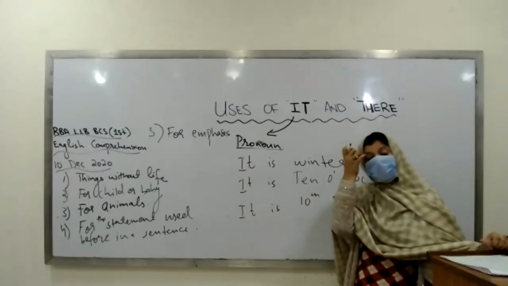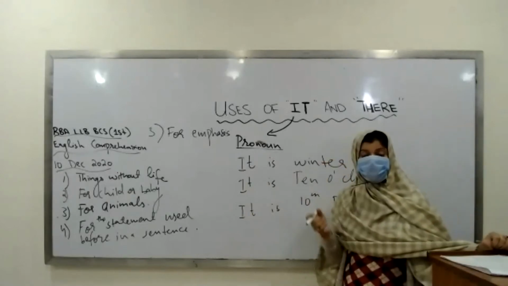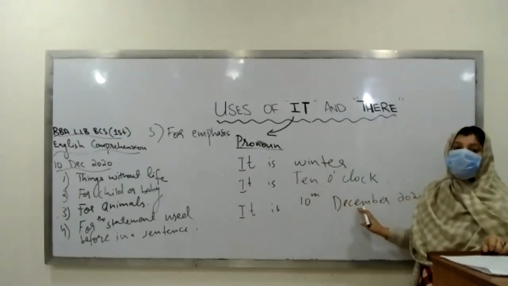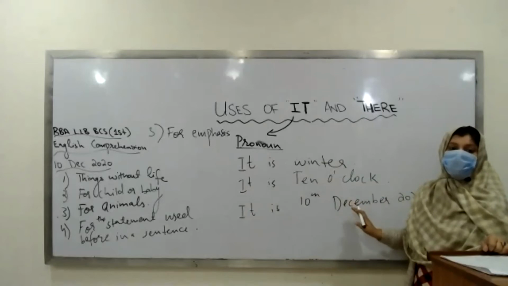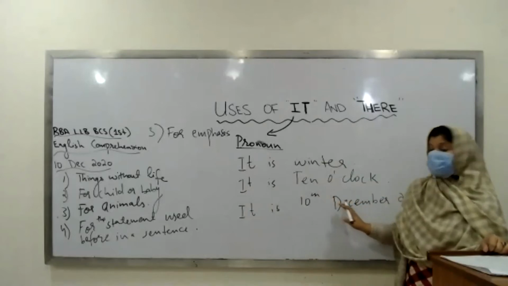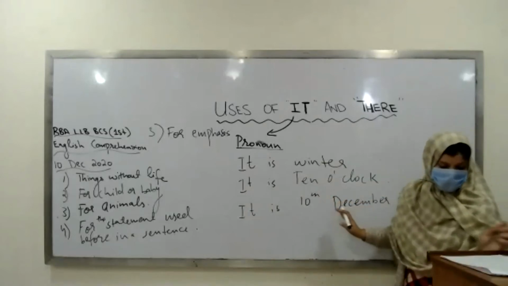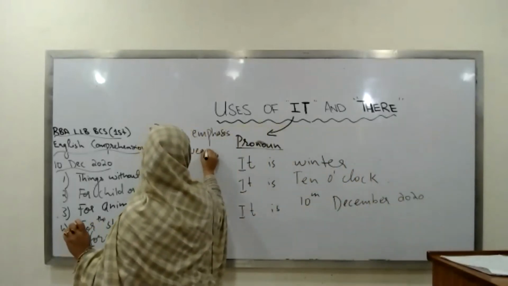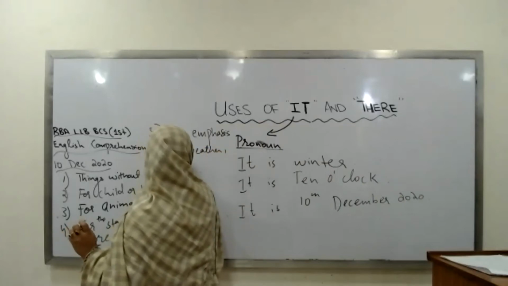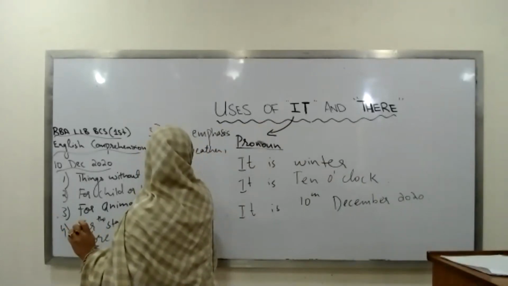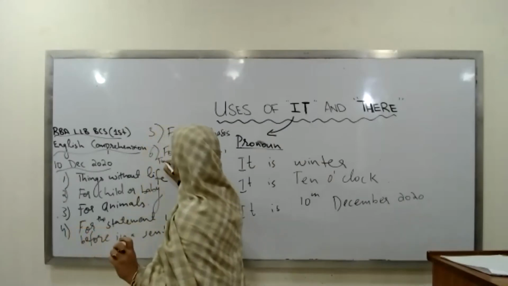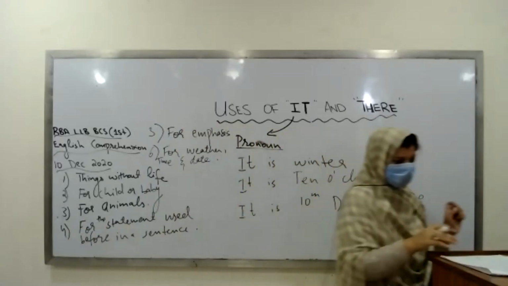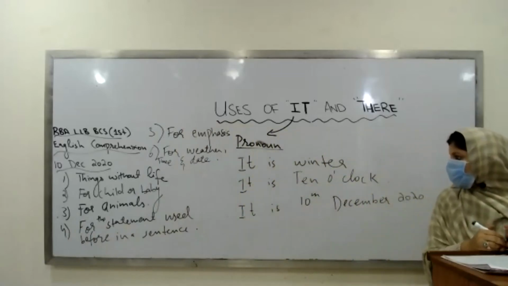So according to the next use of it, you will use it for the sake of weather, you can use it for the sake of time, and you will also use it for describing an expression of date as well. So the next use of it is for weather, for date, time and date. Right? Are you clear?